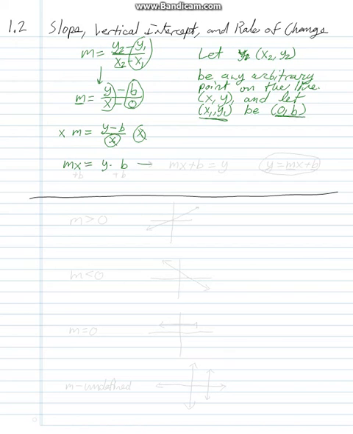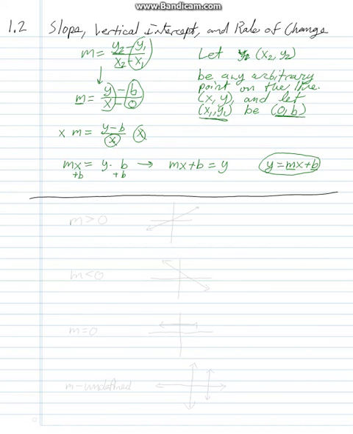And finally, if I add b to both sides, I see mx plus b equals y. So if we just flip the order of that, we see that y equals mx plus b. And that'll generate any point on a line as long as we know that line's slope and its y-intercept.